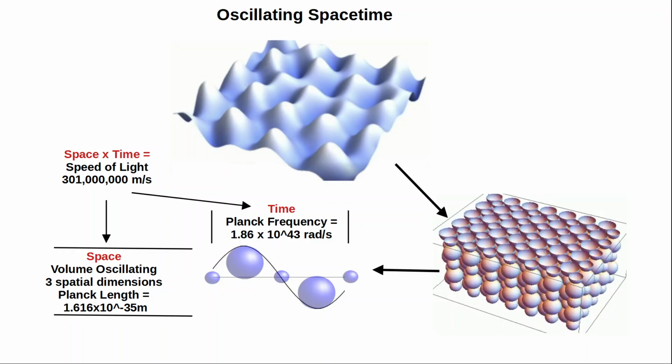Some characteristics of oscillating space-time include that it determines the speed of light. Oscillating space-time Planck volumes, which are the three spatial dimensions, at Planck frequency, which is time, tie space and time together and determine the speed of light at approximately 301 million meters per second, where the speed of light equals Planck length times Planck frequency.